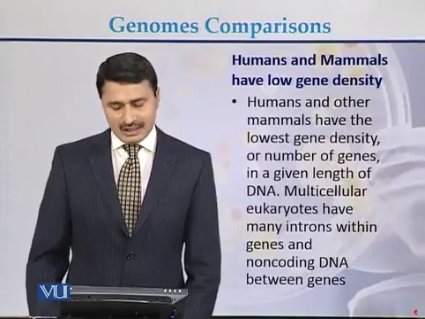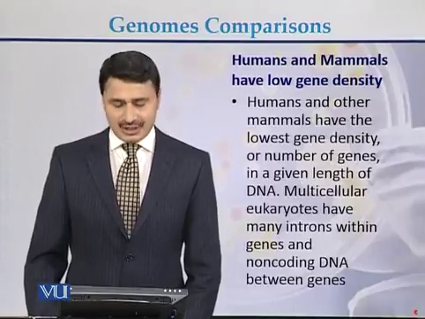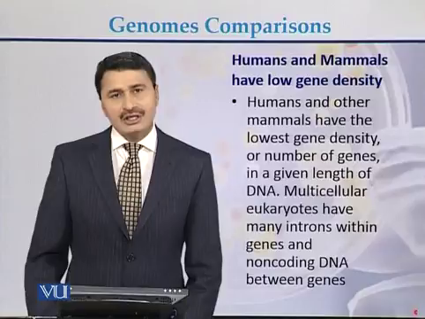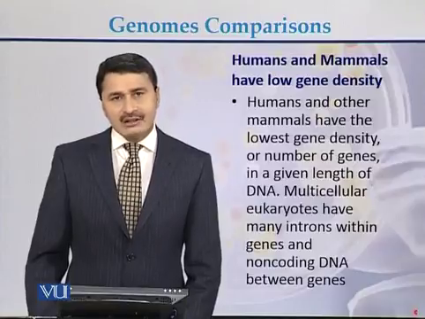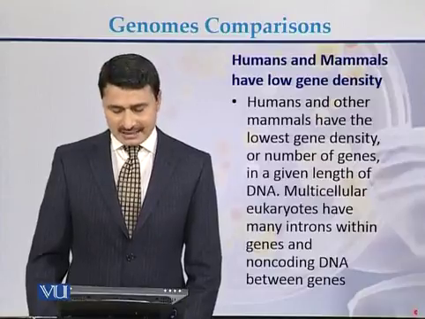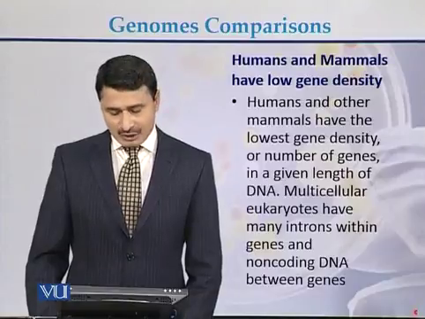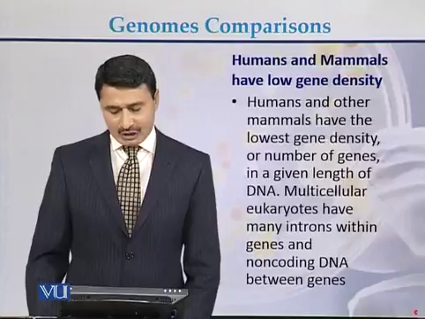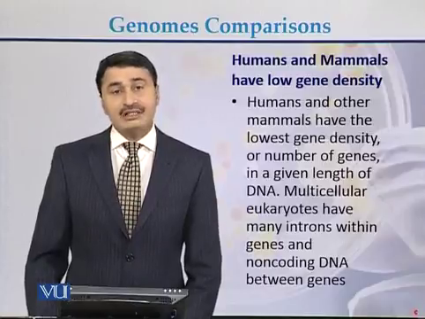Humans and mammals have low gene density, meaning the number of genes in a given length of the genome is less. Multicellular eukaryotes have many introns within the genes and non-coding DNA between the genes.